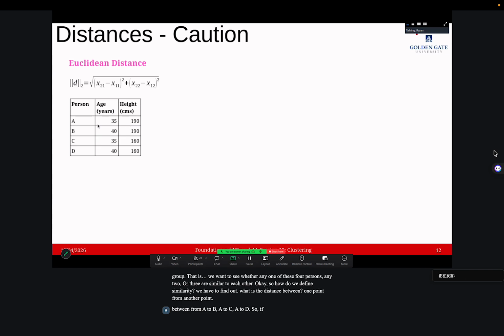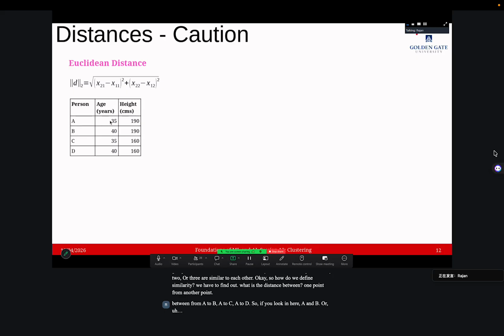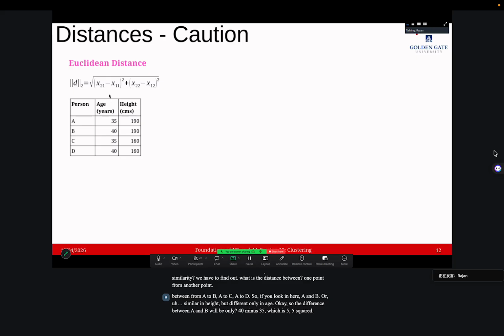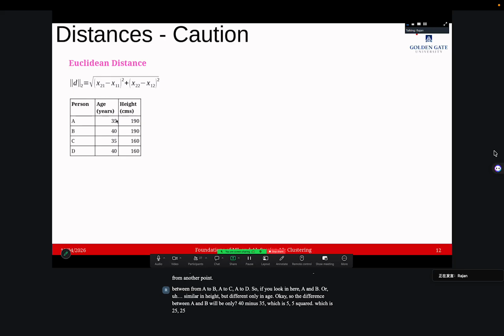If you look in here, A and B are similar in height, but different only in age. So the distance between A and B will be only 40 minus 35, which is 5, 5 squared is 25, square root of 25 is 5. So the distance between A and B is 5.